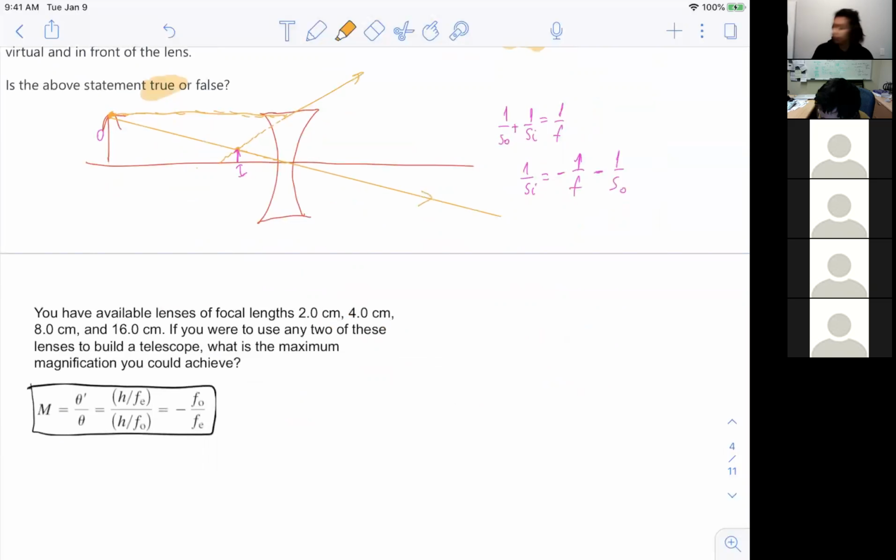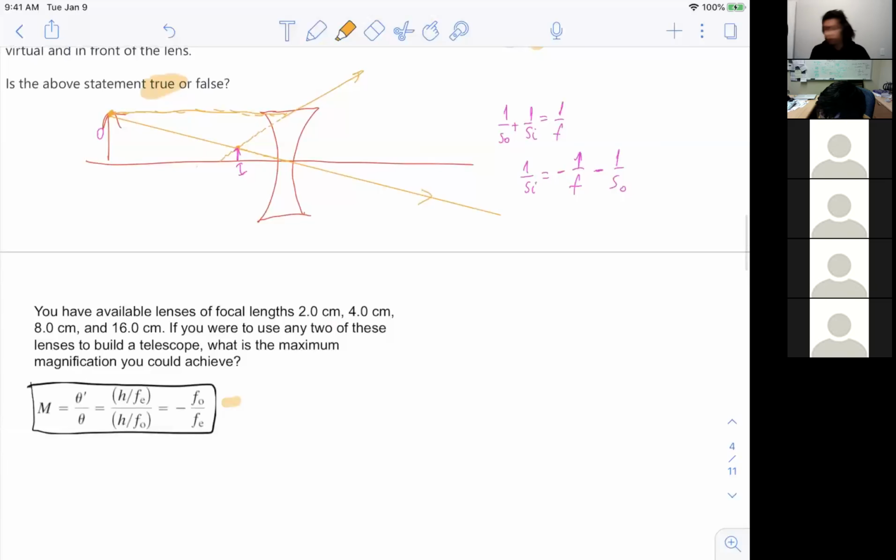So you need to make this maximum. The maximum focal length is 16 centimeters, so you need to use that. For the eyepiece, you need to use the minimum to make it maximum magnification. From this, you will have the largest magnification, 8.